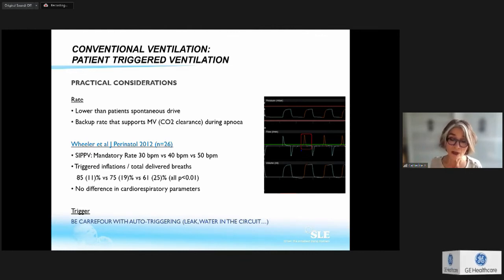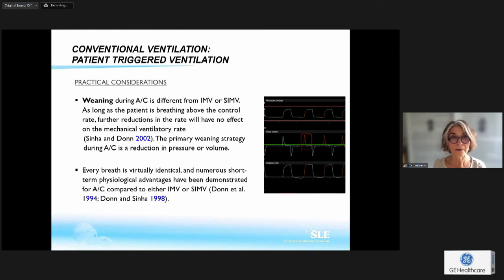So it's better to have a spontaneous breath. So if I have a patient breathing, for example, at 40 breaths per minute, I will set a backup around 30 or even lower. But always keep an eye, make sure that you don't have any auto-triggering.